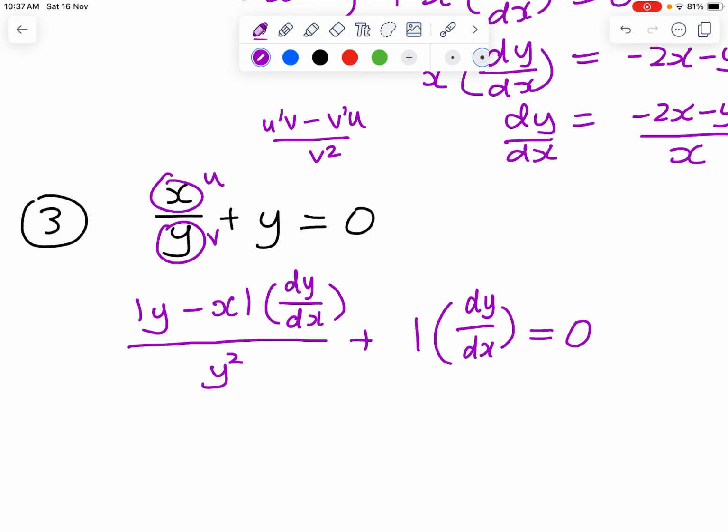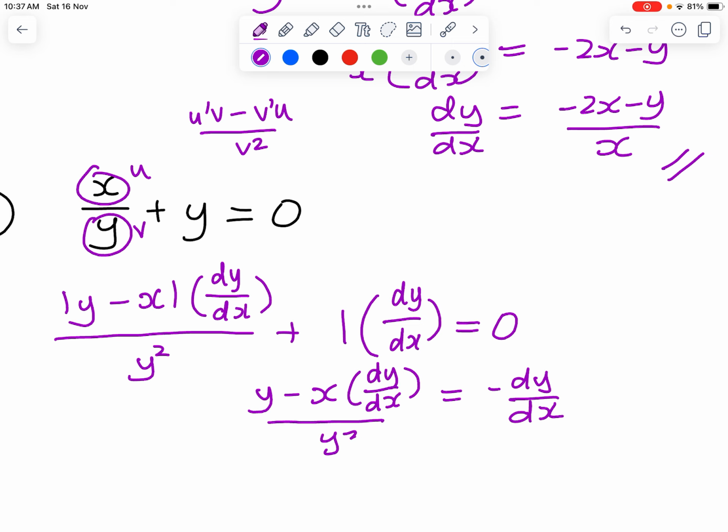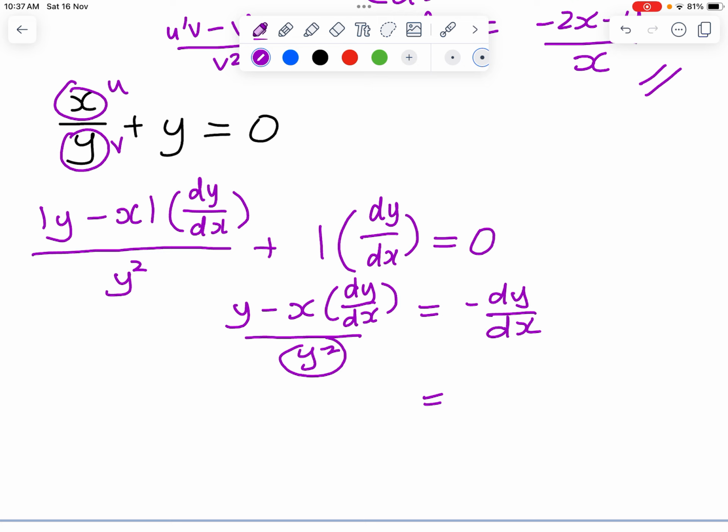And so now what we want to do is simplify it so that we have dy by dx alone. So if I were to simplify it, let's move this to the other side first. So maybe negative dy by dx equals y minus x times dy by dx over y squared. Let's move this to the other side.